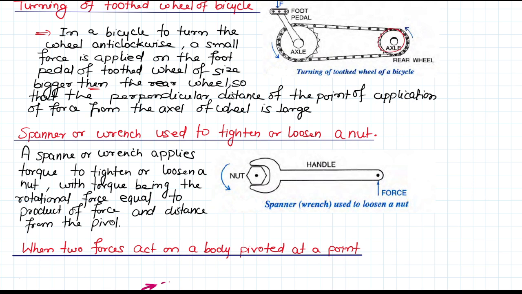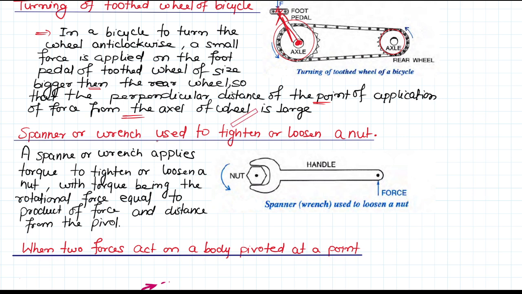This is the axle, and from here to here the perpendicular distance is maximum. The point of application from the axle of the wheel is large, so the torque will be large and we require less force.